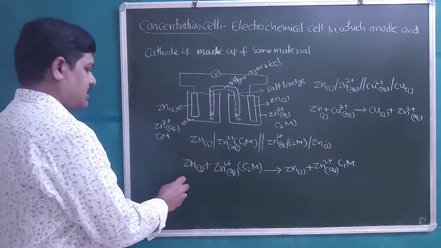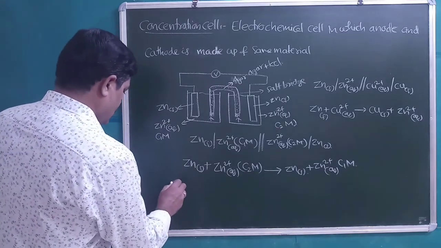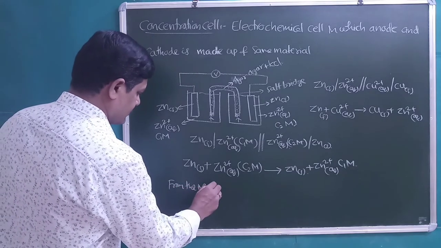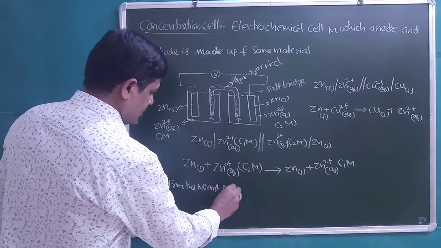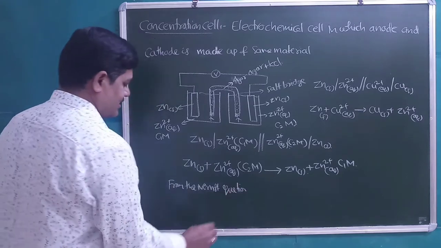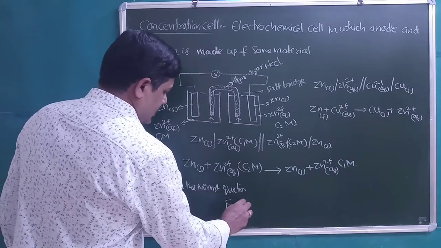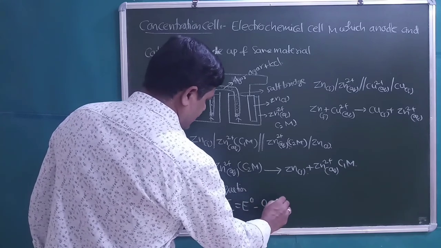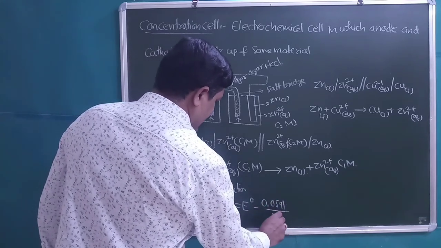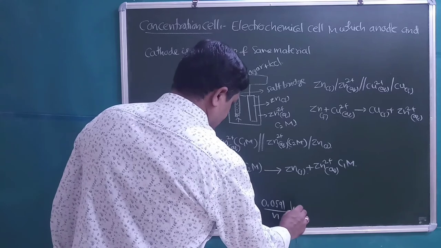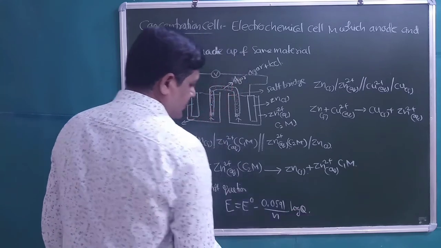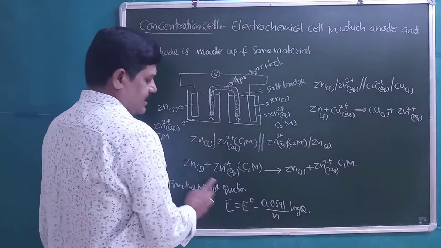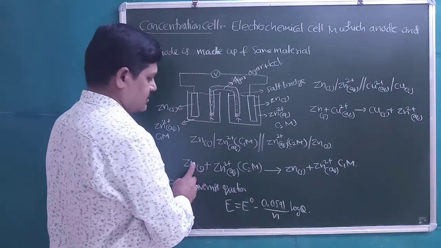Students, from the Nernst equation, we can write E is equal to E naught minus 0.0591 by n log Q, where Q is known as the reaction quotient. Here n is the number of moles of electrons transferred.